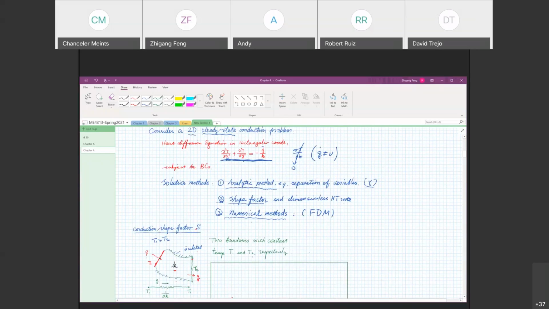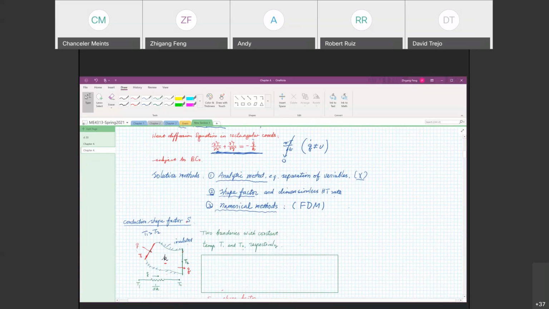When we talk about numerical method, there are a few choices we can choose. For example, we can choose finite difference method, or finite element method, or finite volume method, and etc. Okay? So there are quite a few numerical approaches that allow us to solve the partial differential equation.